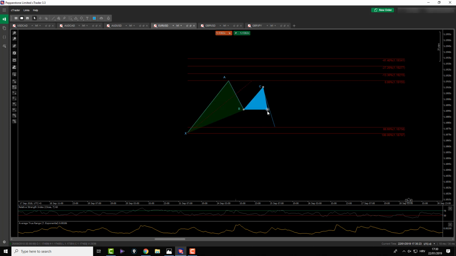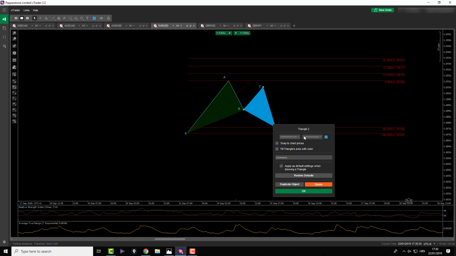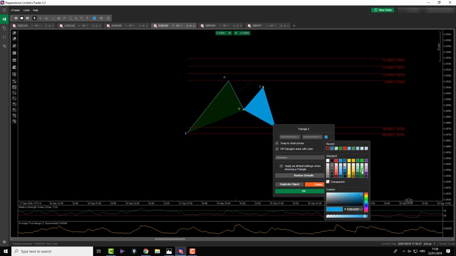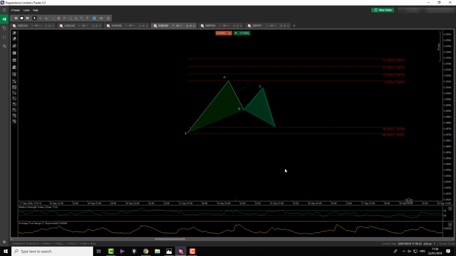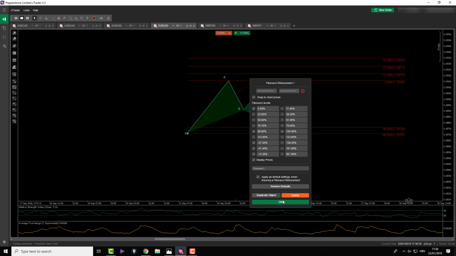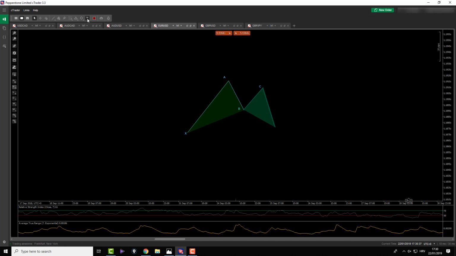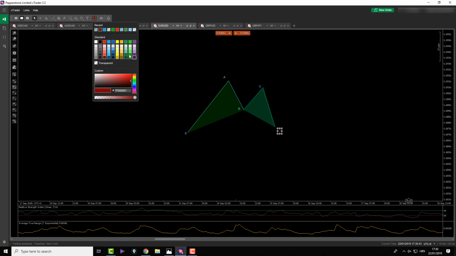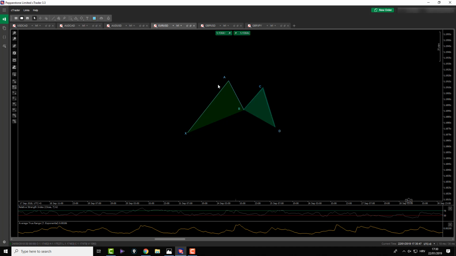We will change the color later. Okay, into green. Okay, good enough. So now we have our bad pattern, which gives us our D point. Let's change the color to blue. Okay, so X to A to B, B to C, and C to the D completion.